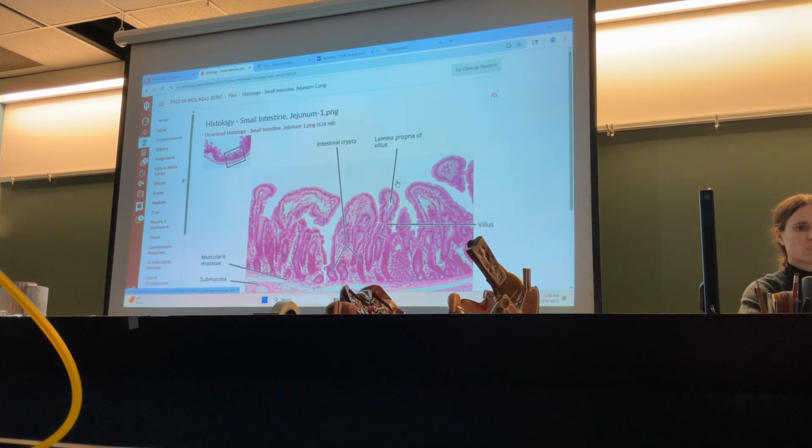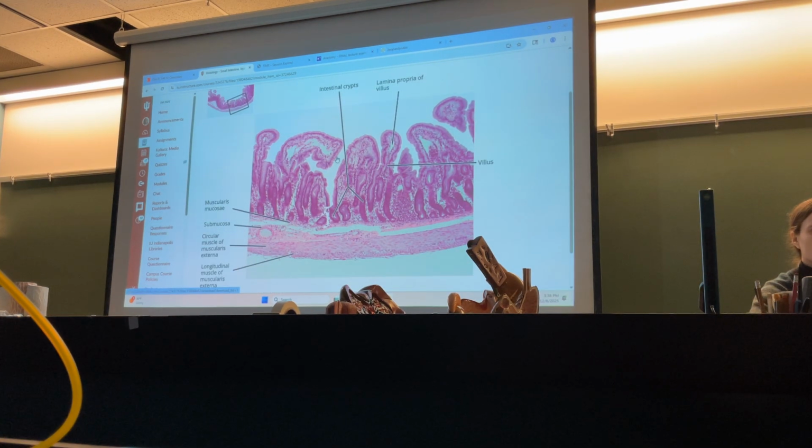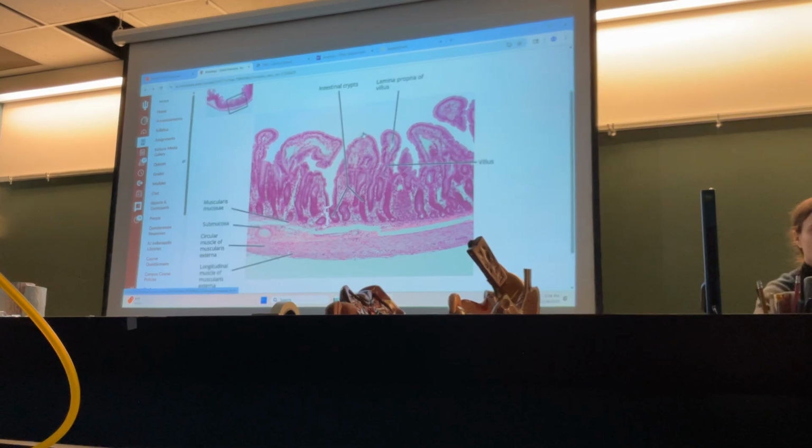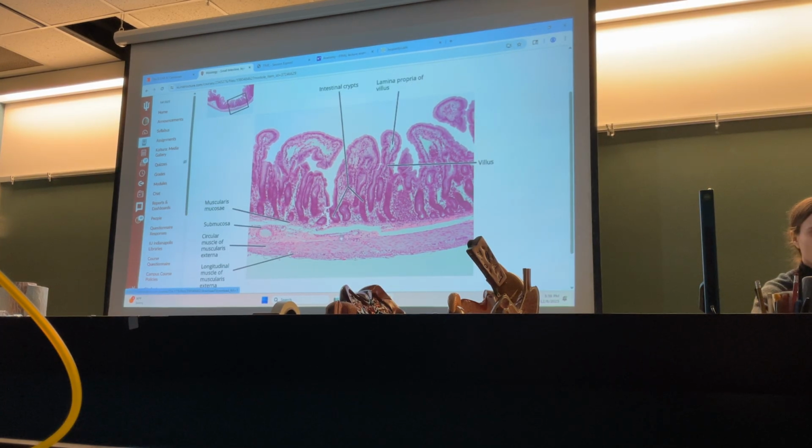Jejunum. Now the jejunum, unlike the other ones, doesn't have a specific gland that I know of. They will have very obvious villi. There are these intestinal crypts, but notice their submucosa is pretty thin.